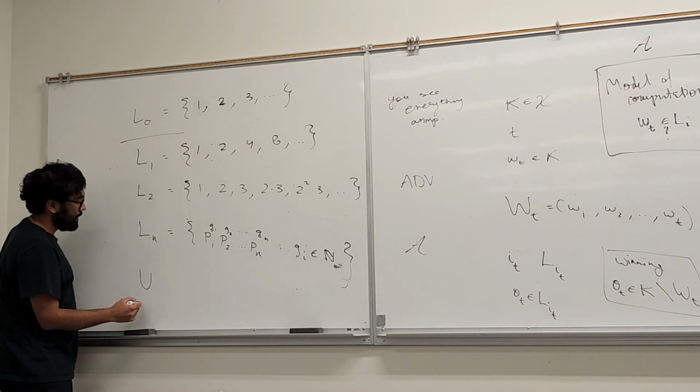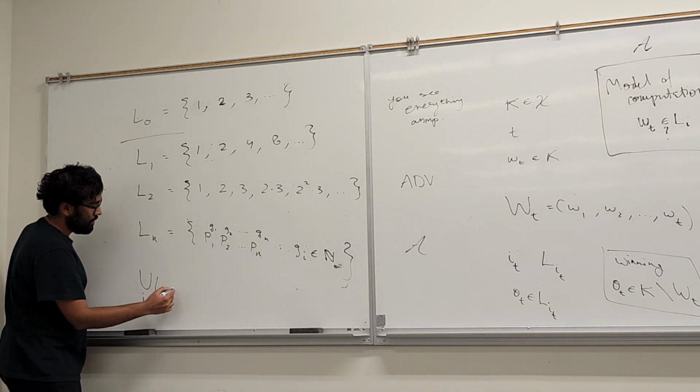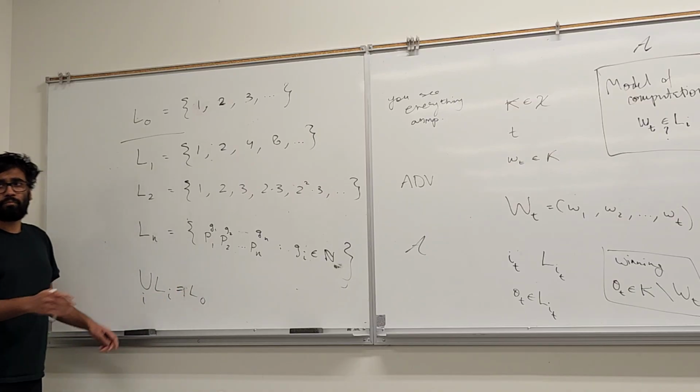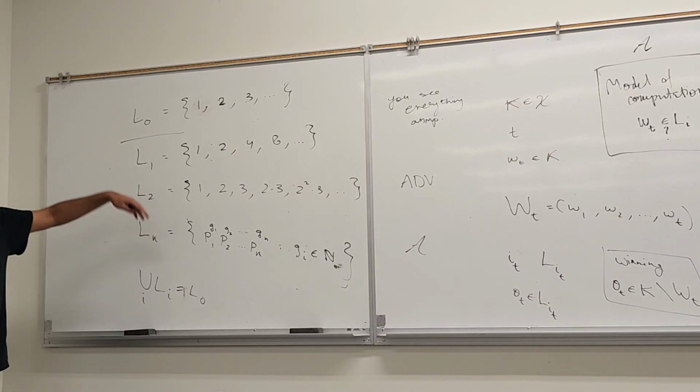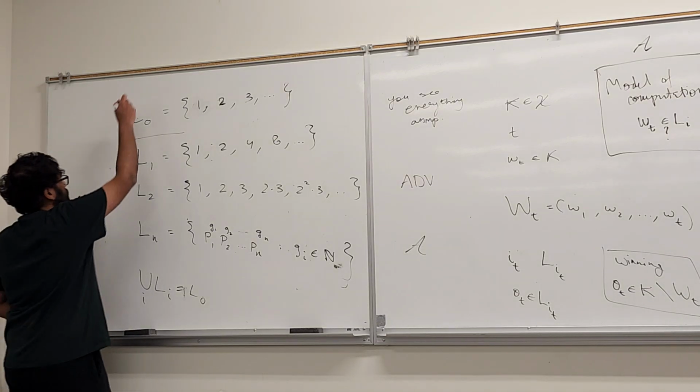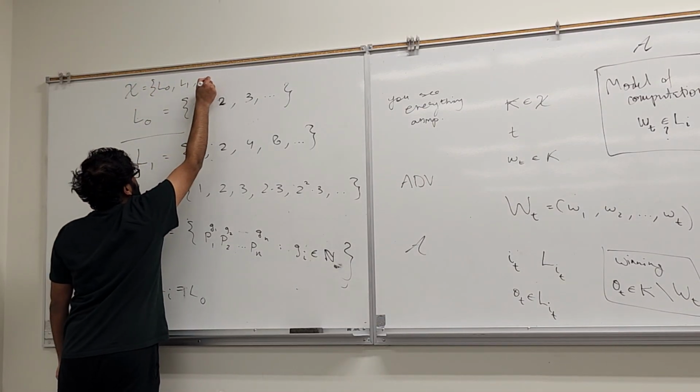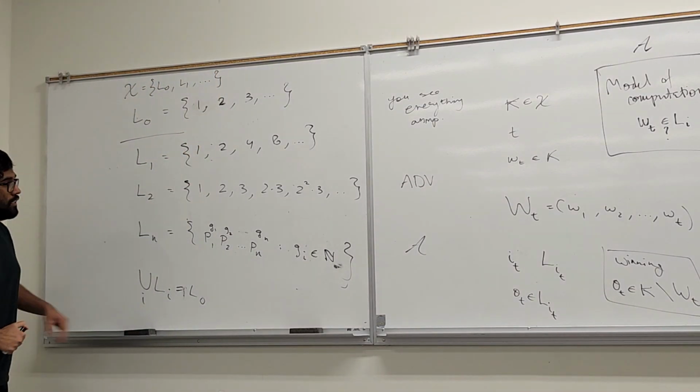So the union of all these is L0. If you take the union of all these, you recover all the natural numbers. Make sense? Okay, and X is of course L0, L1, and so on.